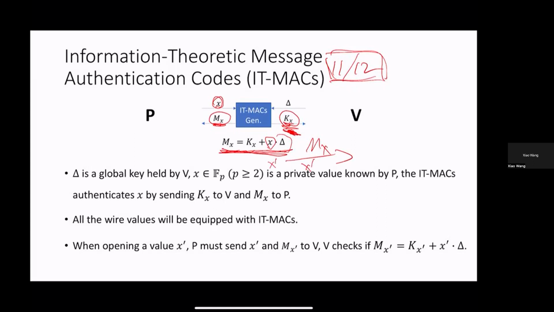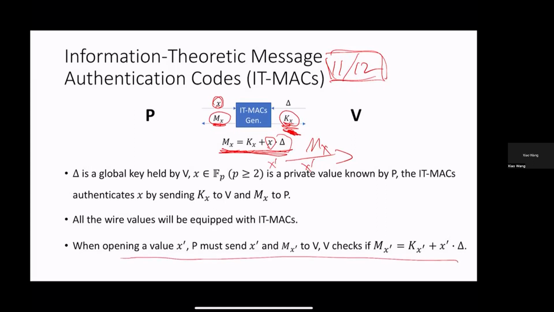And the probability that the prover can find an m that makes this equation hold is going to be negligible when the size of these elements is large enough. This is what I mean by how to open it.